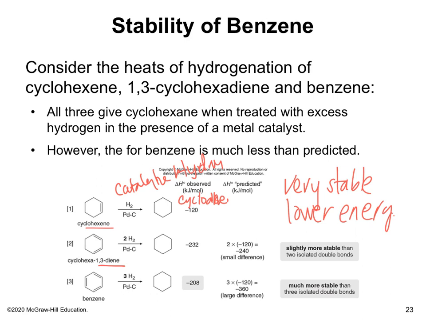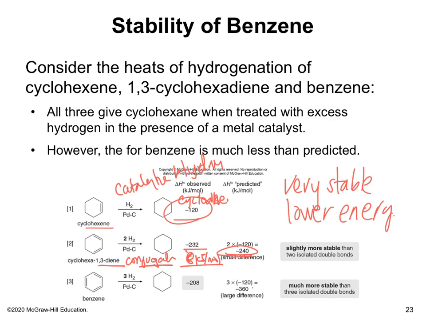For one bond, it's 120. For 2 bonds, it should be negative 240, but it's 232 because it's conjugated. So that's an extra 8 kilojoules per mole of energy conserved with the conjugation.